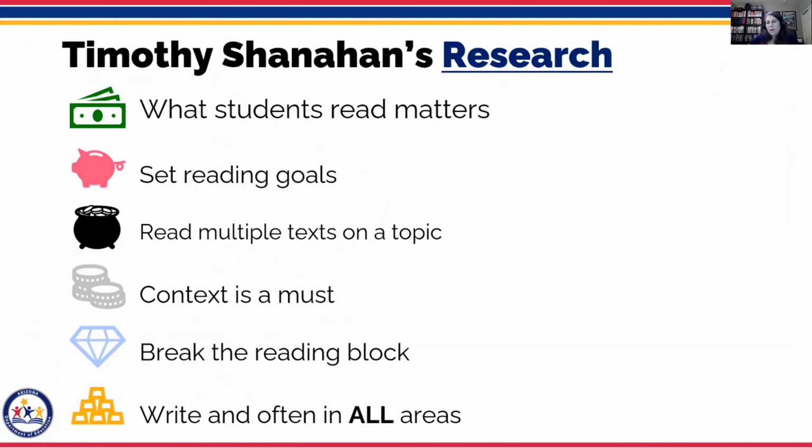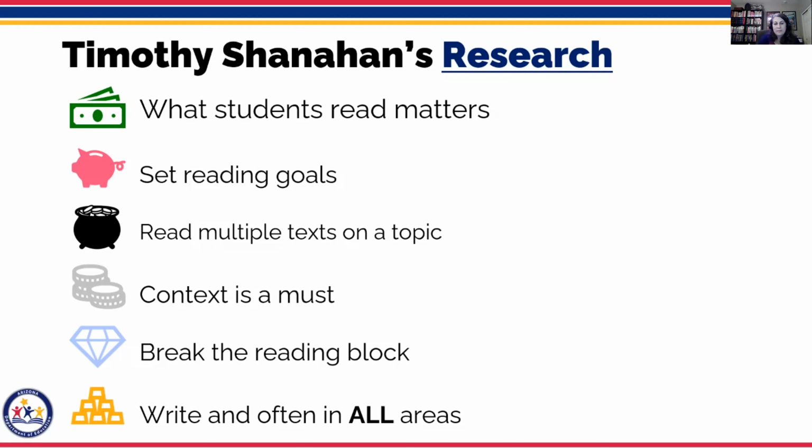There's one last bit of research, from Timothy Shanahan. One of the things he talks about is that what students read matters. So if you're going to have students read, pick something content rich, and Linda and I would say social studies rich. Set reading goals. Read multiple texts on a topic so students understand perspective.